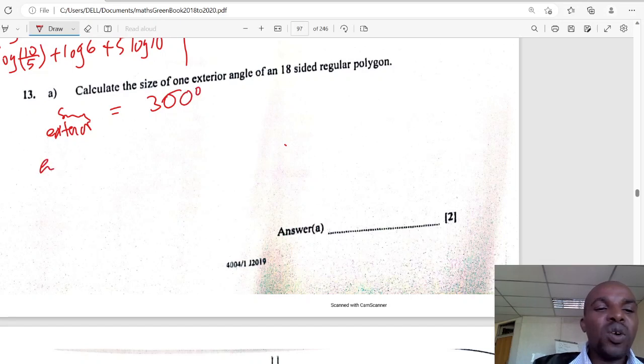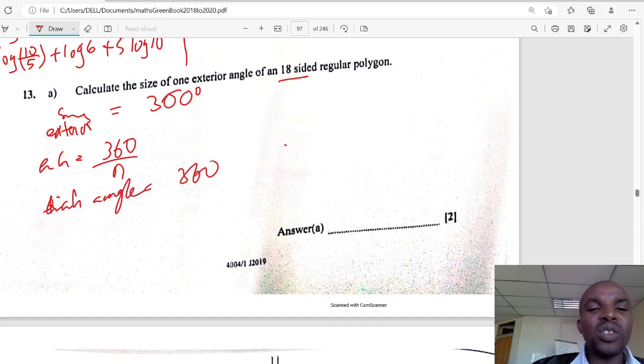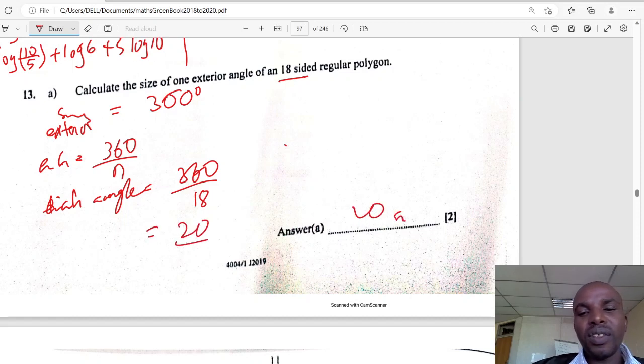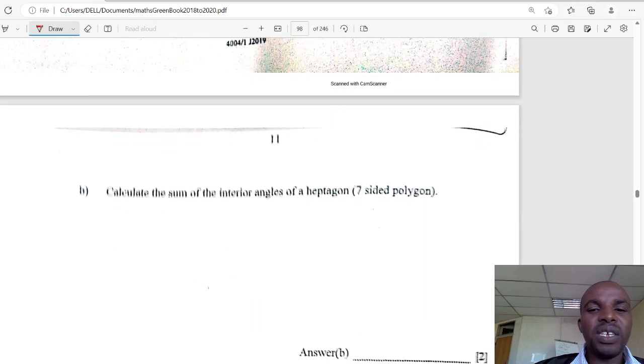So each angle is the sum of angles over the number of angles, which is n. There are 18 sides here, so each angle is equal to 360 over n, the number of sides, over 18. Then 18 into 360 is 20. It's 20 degrees actually. These are degrees, right? Please take note of that.